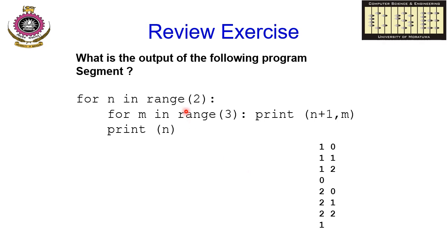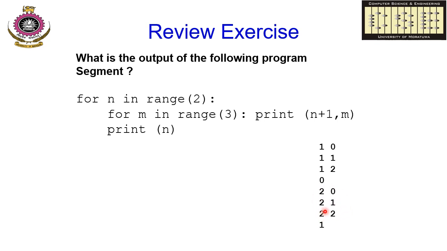That time n will be 1. Once again the inner for loop will start from 0, but the n value will be 1 and n plus 1 will be 2. So we get 2, 0, that's the first m value, and 2, 1 and 2, 2.